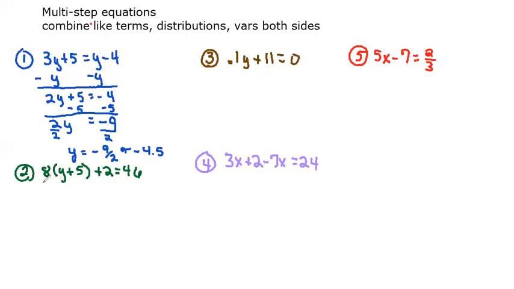Okay, so let's go down to number 2, and this one we have distribution. Now last time we talked in our 2 steps, hey, why don't we just divide by 8? Well, the reason I can't do that is because of this positive 2 sitting here.